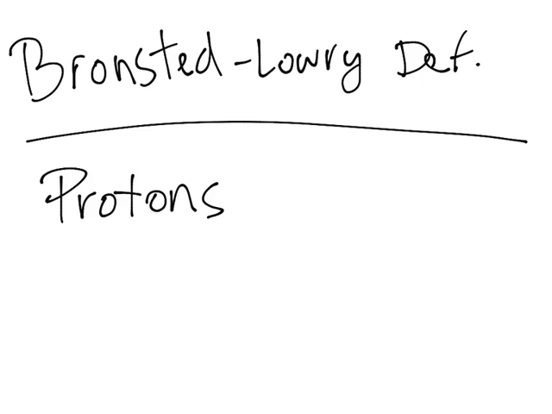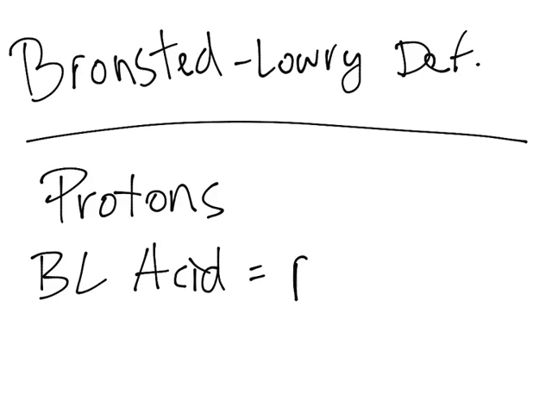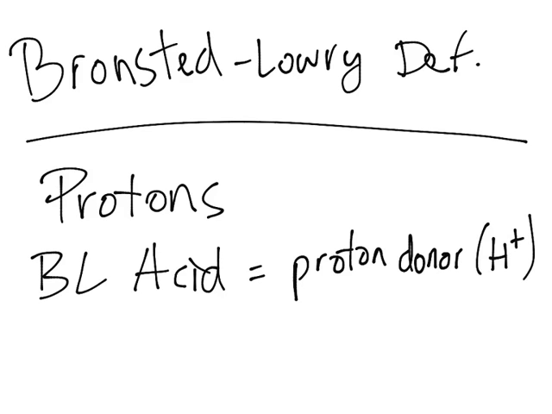Now, he said that what we now call a Bronsted-Lowry acid, so I'm just going to call it a BL acid, will be a proton donor, and that will in most cases be an H+. So the acid will give an H+ to the compound that it is reacting with.